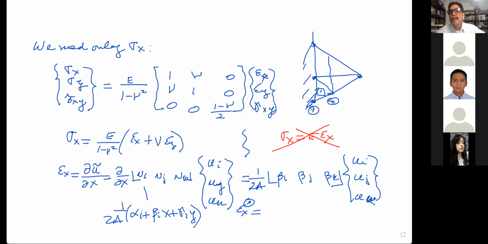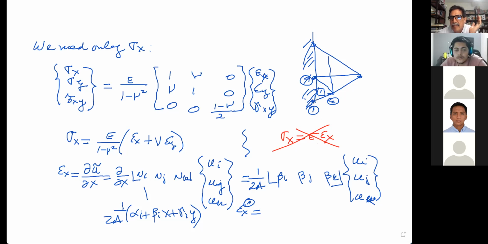Yes, but how much is U1? Listen to my question. How much is U1? Mr. Ramon, how much is U1? It's 0, because it's clamped. How much is U4? 0 also. So the only thing left is 1 over 2a, and one of these is going to be beta 2 and U2. Is this complex? I hope you say no.